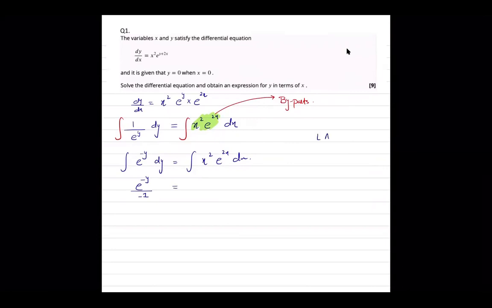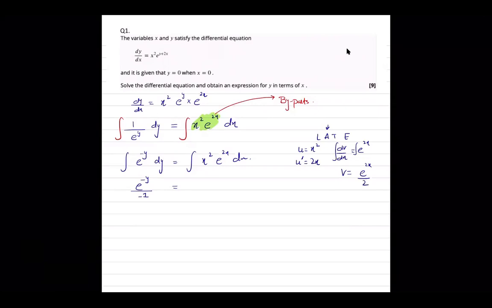And for that, if you remember, we had this acronym to select u. So algebraic comes first. So I'm going to say u is x square and dv by dx is e to the power of 2x. You differentiate u and you integrate dv by dx to get v. That is going to be e to the power of 2x upon 2.